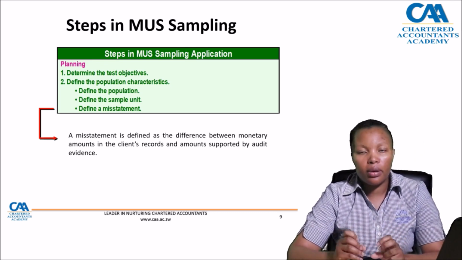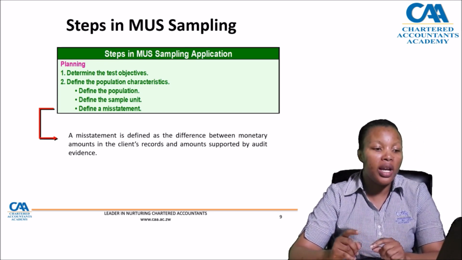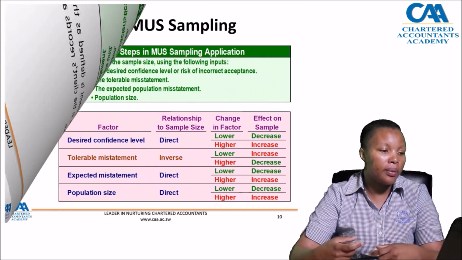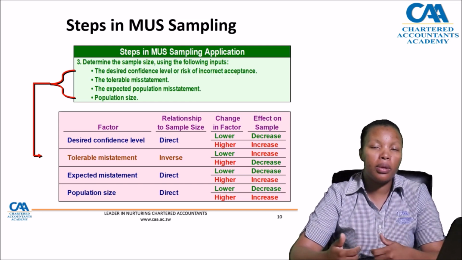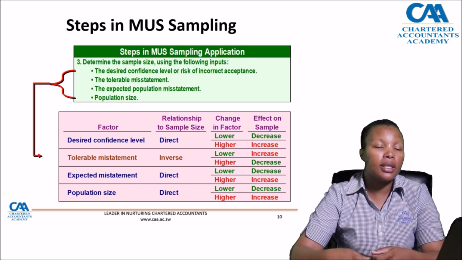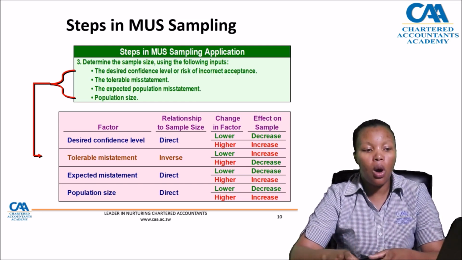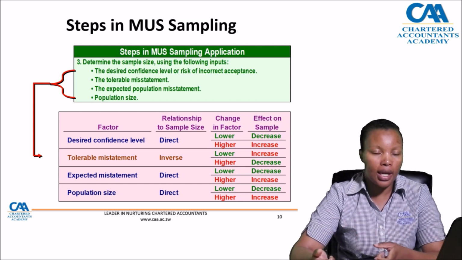So let's have a brief overview of the relationship of the desired confidence level, the tolerable misstatement, the expected misstatement, and the population size on the sample size.